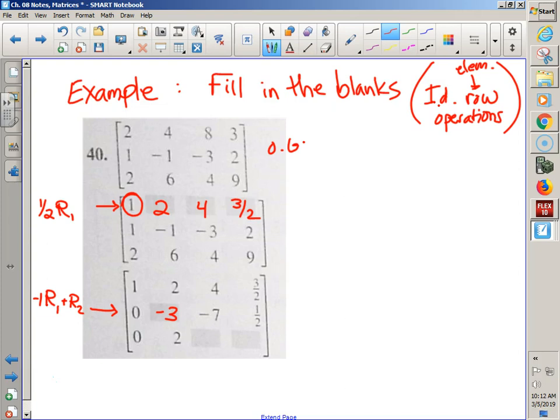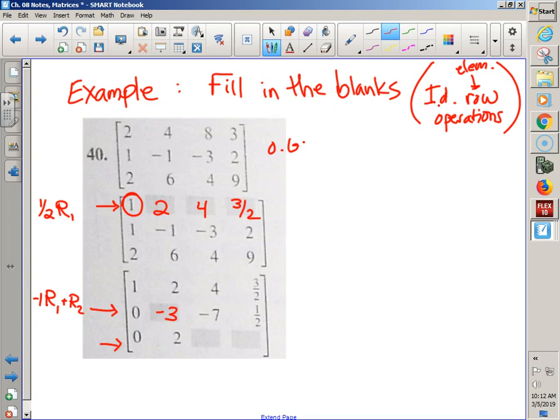So who, bold, courageous soul, is willing to raise a hand and tell me the row operation or the equation to get row 3? Matthew. No, not divide by 2. Keep thinking. Not multiply.